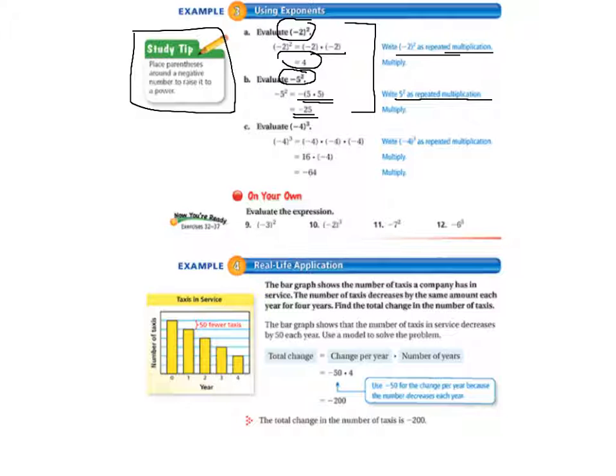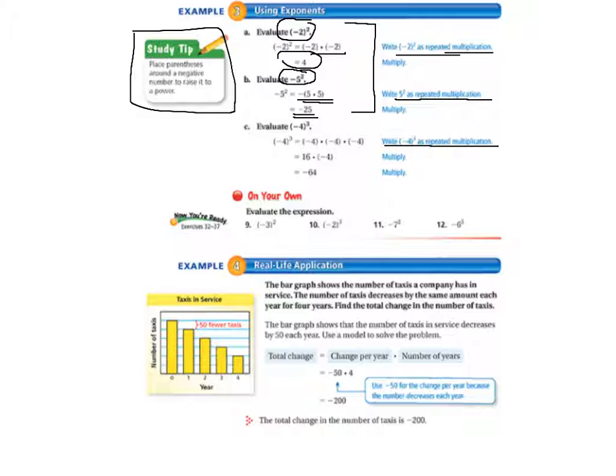Once again, we have the negative 4 in parentheses, so the negative sign is going to travel with the 4, and when we write our negative 4 to the third power as repeated multiplication, we write the negative sign each time. So it's negative 4 times negative 4 times negative 4.